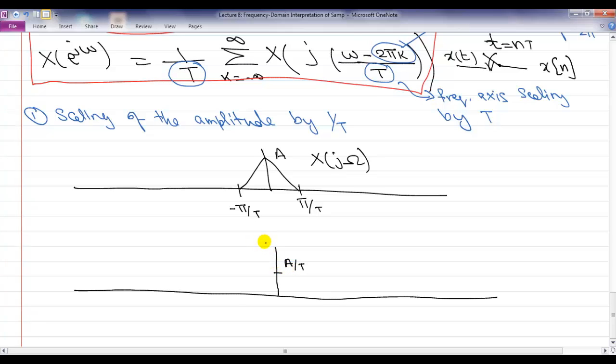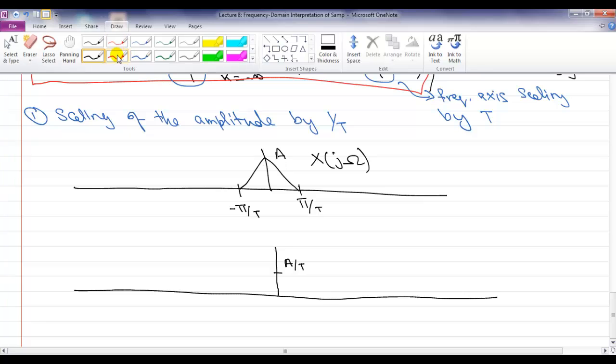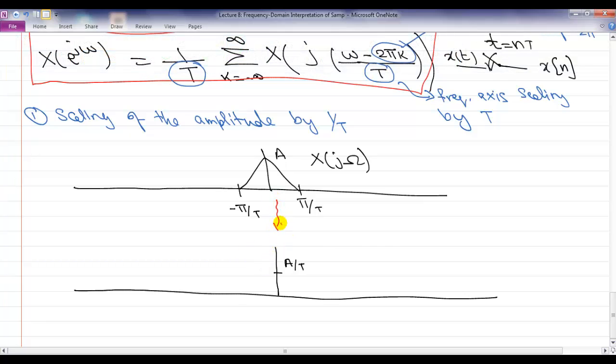And then we'll have different copies where each copy is scaled, the frequency axis is scaled by a factor of capital T. So we'll have a scaling of this thing where this will now be at pi, and this will be at minus pi.